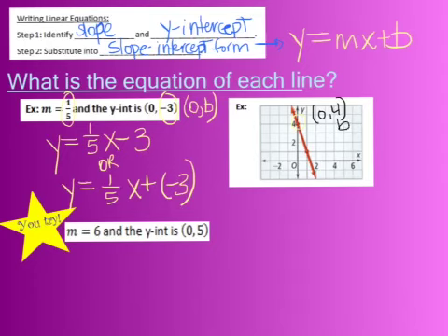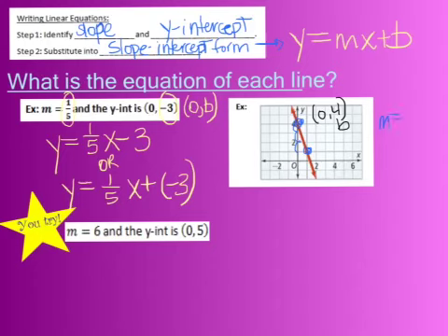Now we have to figure out our slope. To figure out the slope, all we need to do is choose 2 points, and we have 2 already chosen for us, and find the rise over run. So if I go from left to right, I start with this point right here, and my rise, I'm going to have to go down in order to get to this point down here. So my rise is actually going down, so I'm going down 1, 2, 3.